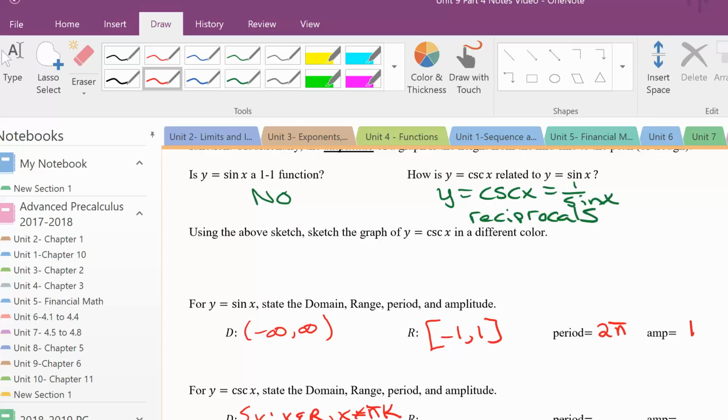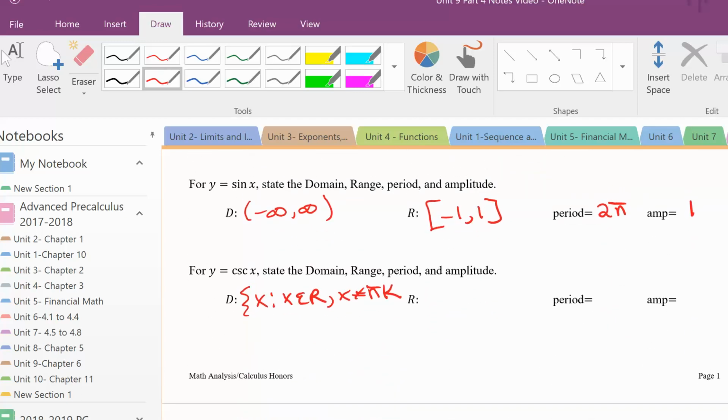So any multiple of pi, there's a vertical asymptote, where k is an integer. The range of the cosecant goes from negative infinity to negative 1, union 1 to infinity. The period is 2 pi, but there is no amplitude because it goes up forever and down forever. So there is no amplitude.